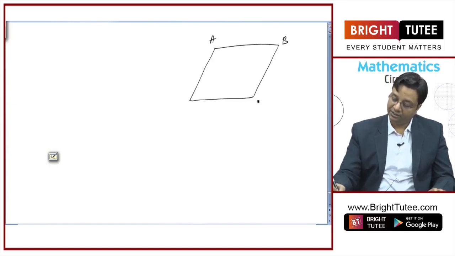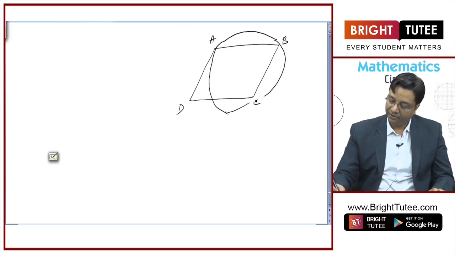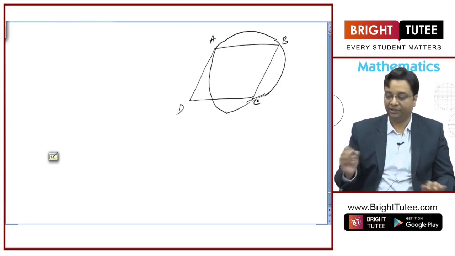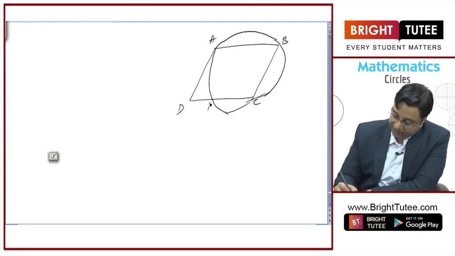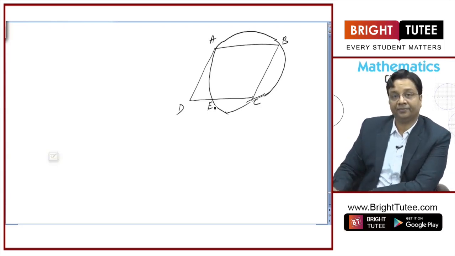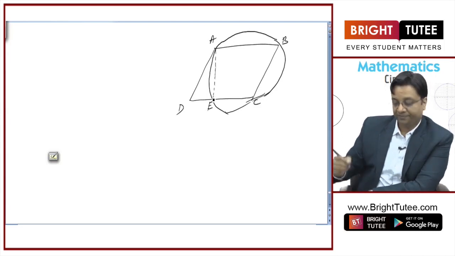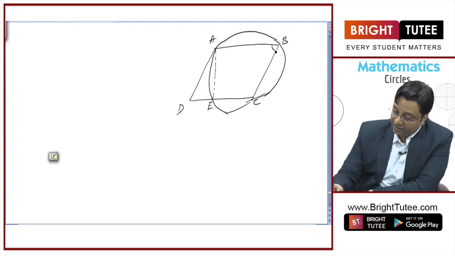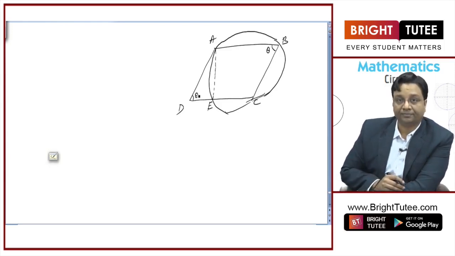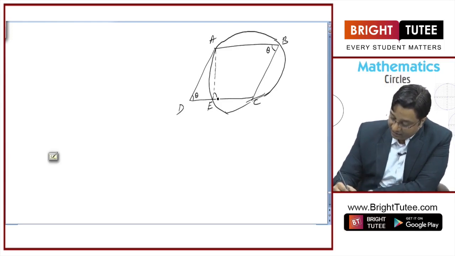A, B, C, D. Let us say we draw a circle passing through A, B and C. This passes through C, okay, and it intersects CD at E. In this case, if I join AE, now see this angle, let us say is theta, so this angle will also be theta, and this angle here will be 180 minus theta.